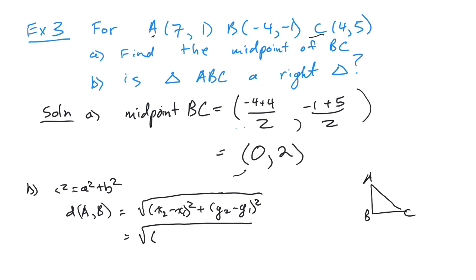Well, we have -4 minus 7 squared plus -1 minus 1 squared. Punching that in, you're going to get the square root of 121 plus 4, which is equal to the square root of 125. Okay?